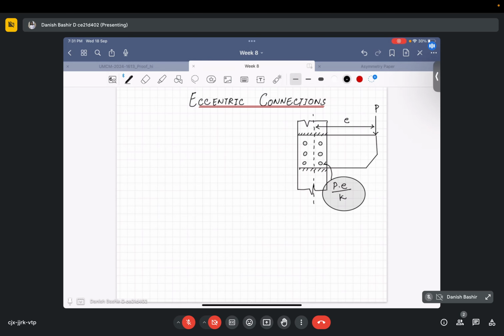First of all, I would like to give a brief analysis concept of eccentric connections. Then we will solve one design problem also. One assumption that I'm making here is that the load is lying in the plane of the bolted joint.